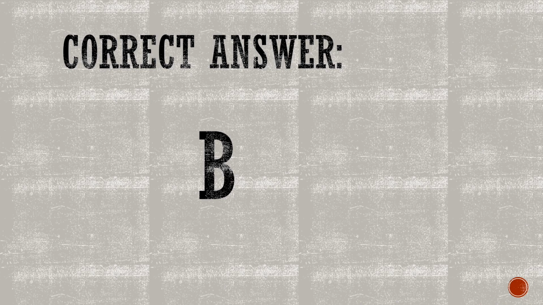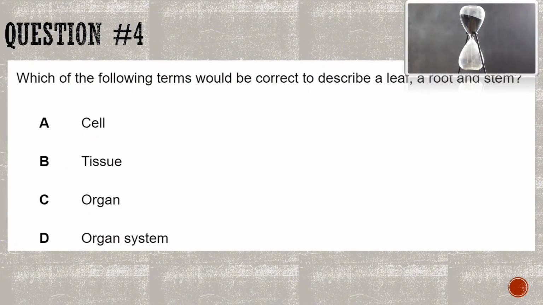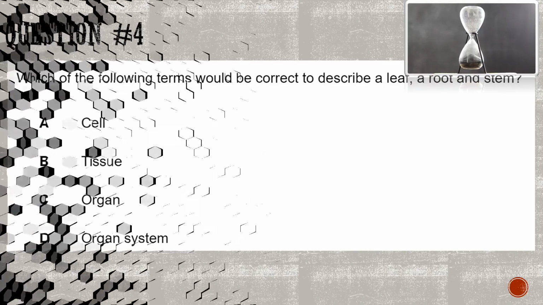And the correct answer is B. Question 4. Which of the following terms would be correct to describe a leaf, a root, and a stem? And the correct answer is C.